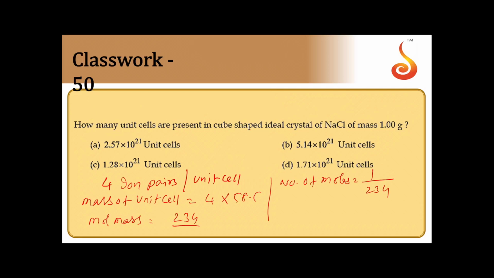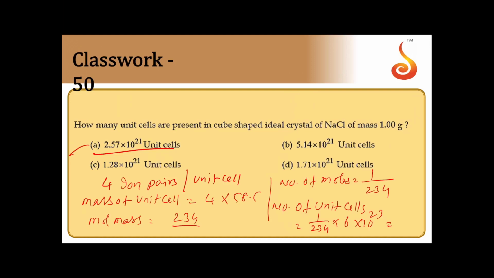Then number of unit cells is equal to moles into Avogadro's number: 1 by 234 into 6 into 10 to the power of 23. After simplification, the value comes to 2.56 into 10 power 21. So that is nearly option A. So the answer is option A.